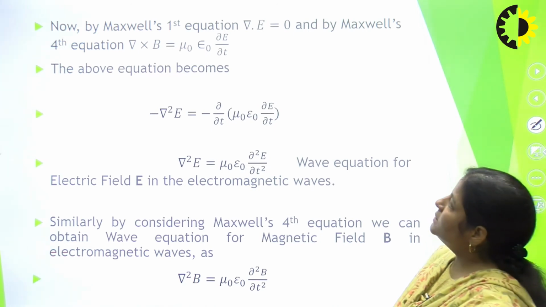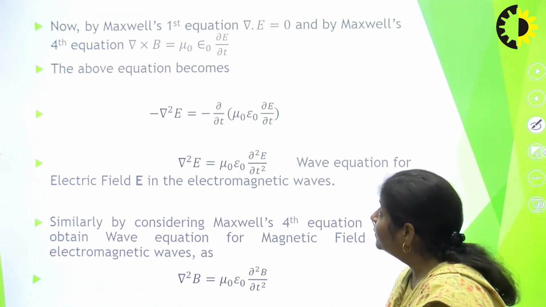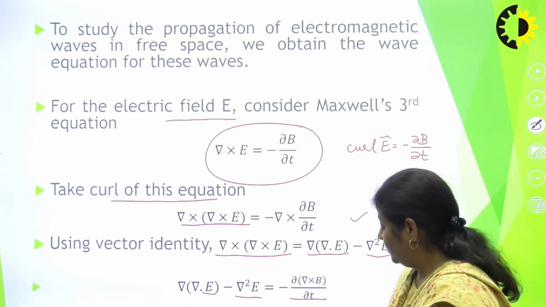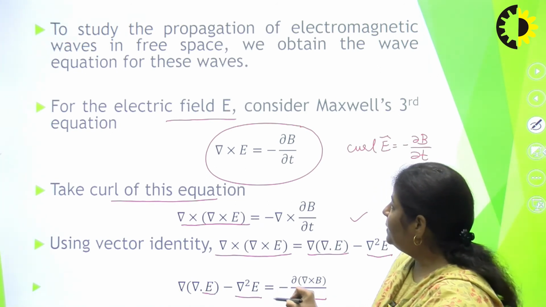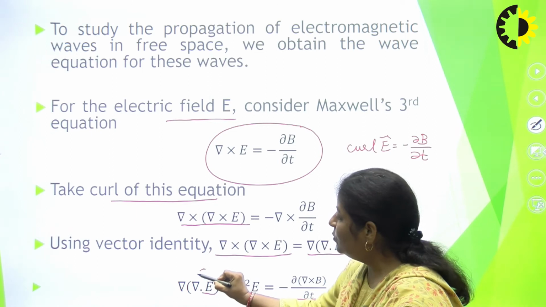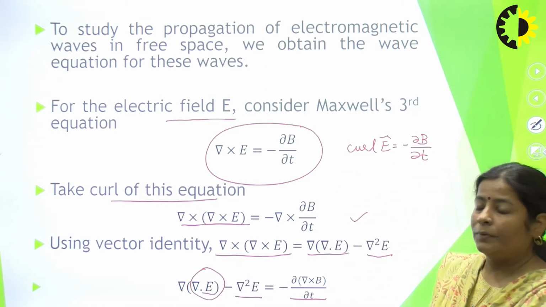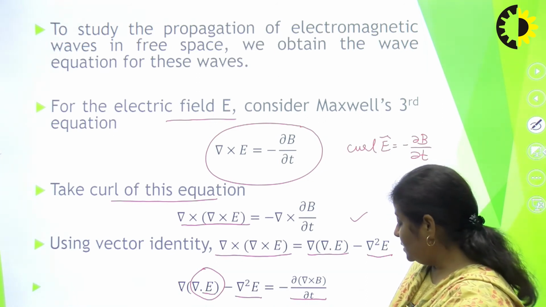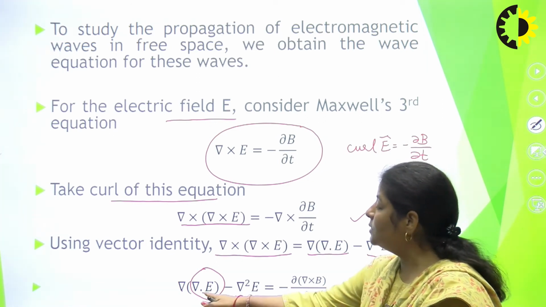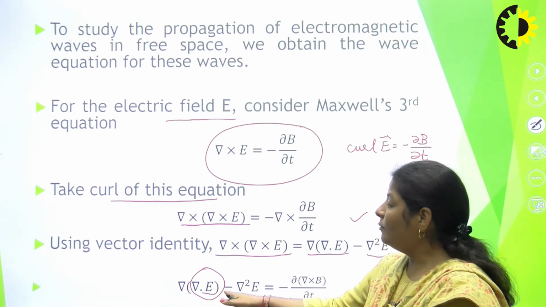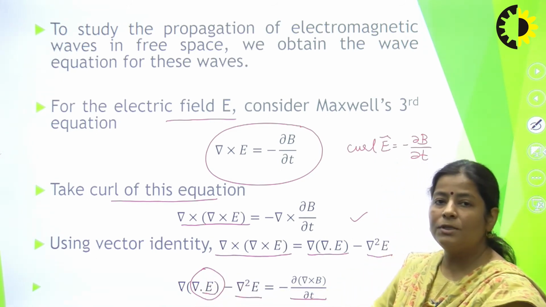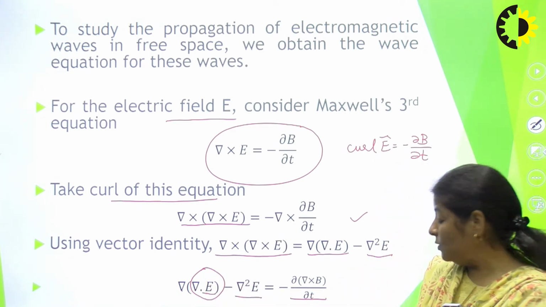Now what happens in the next step? We have to concentrate here on divergence of E. If we concentrate here, we have divergence of E equal to 0 by Maxwell's first equation.